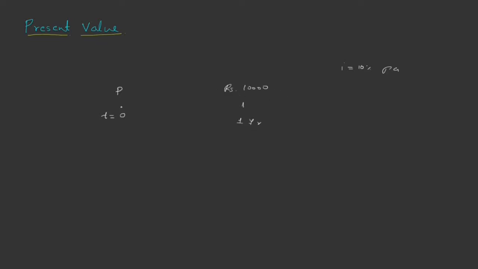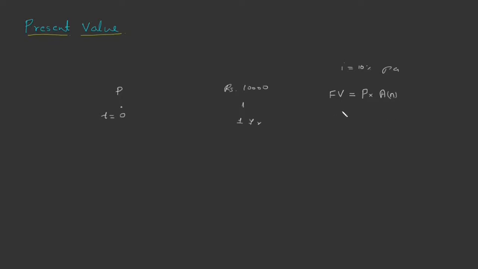In previous sections, we already studied the future value of a principal, or how much a single payment accumulates to at a later time. If I invest a principal P here, it will accumulate to a future value after a period. There we studied that future value is equal to the principal into the accumulation factor.